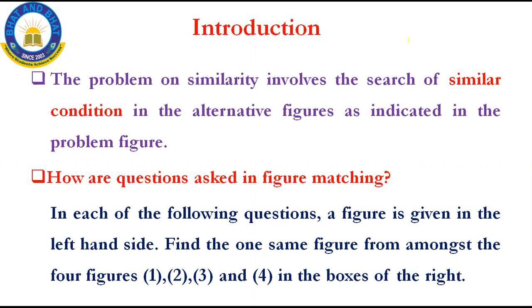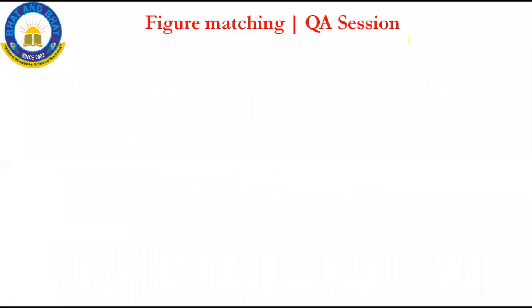In each of the following questions, a problem figure is given on the left hand side. Find the same figure from amongst the four figures. So you have to find the same problem figure among the four figures, 1, 2, 3, 4, given in the right box.